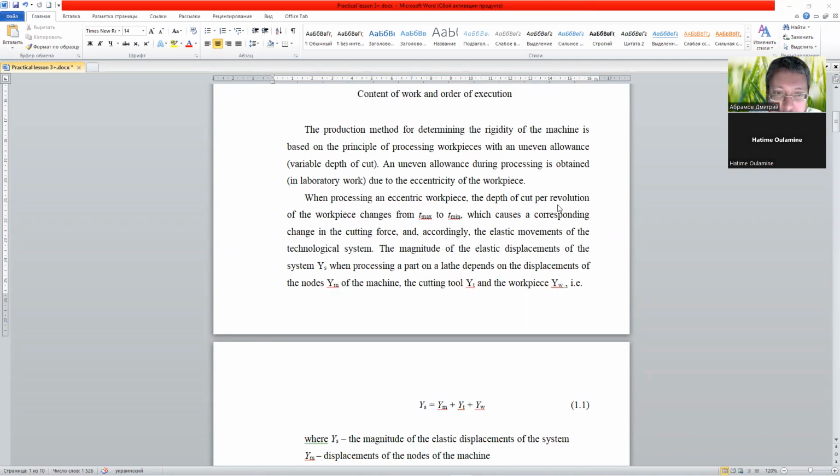An uneven allowance during processing is obtained in laboratory work due to eccentricity of the workpiece.